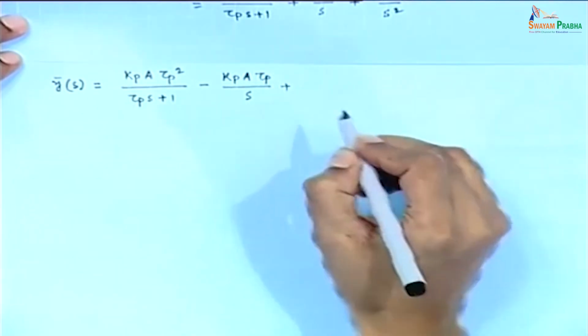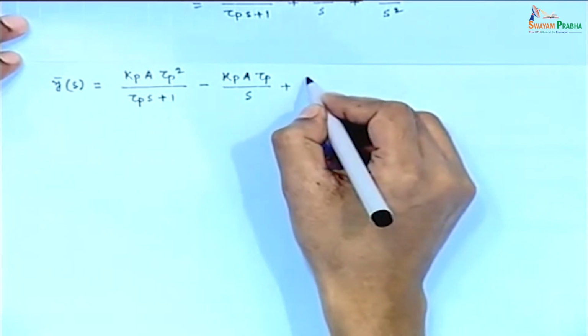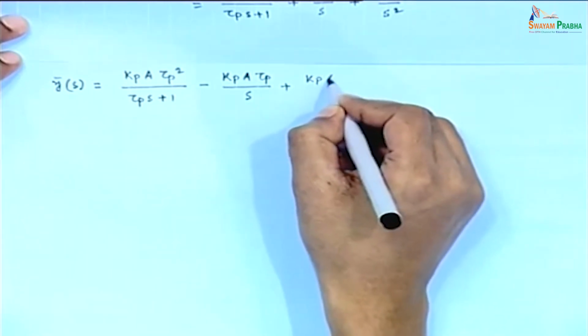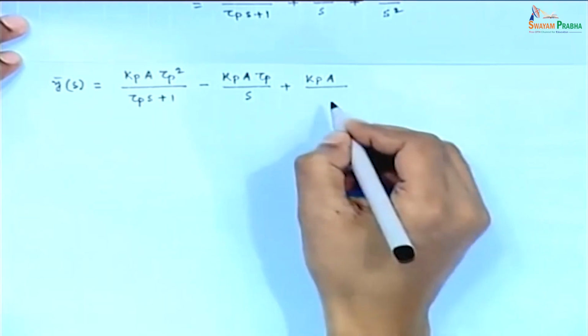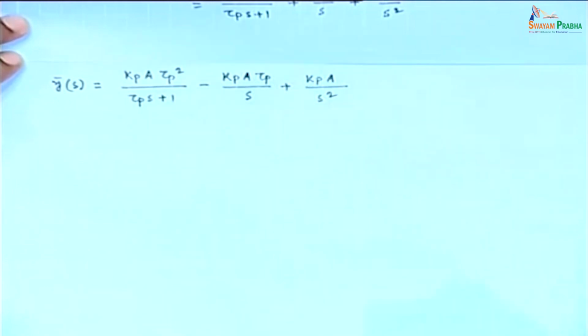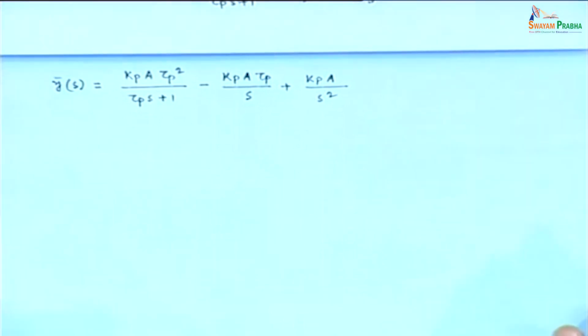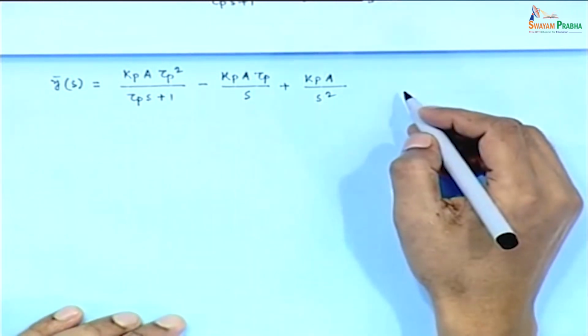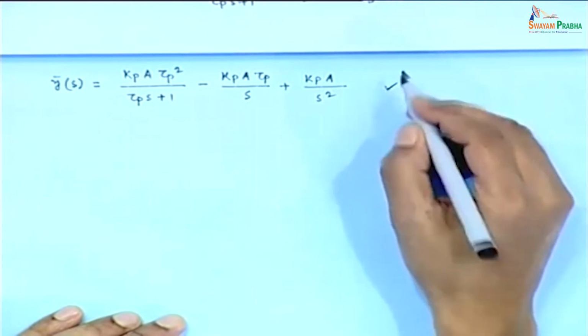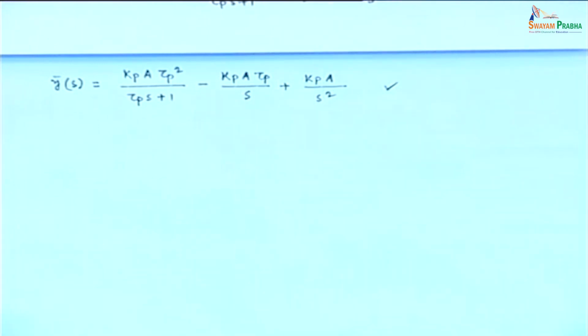Third term involving C3 becomes Kp a divided by s square. After introducing ramp input to the process, this is the output in Laplace domain.